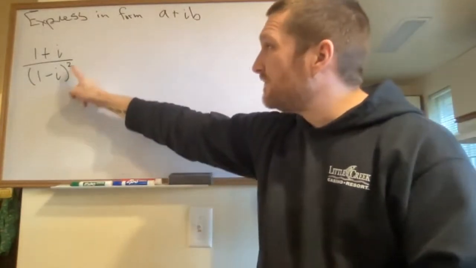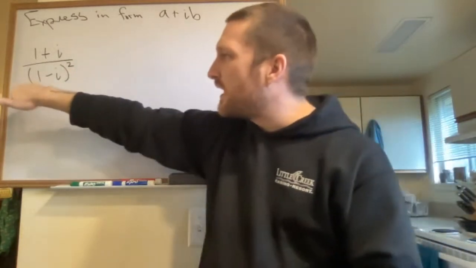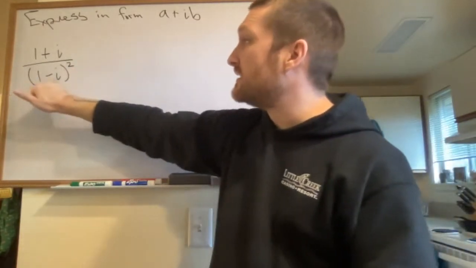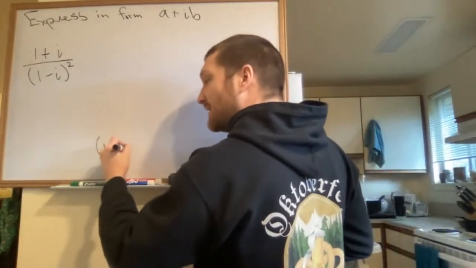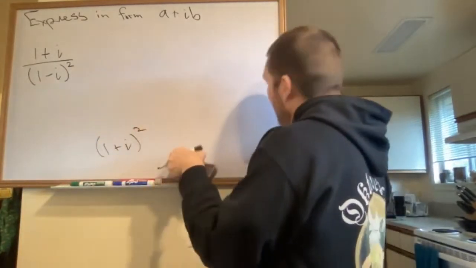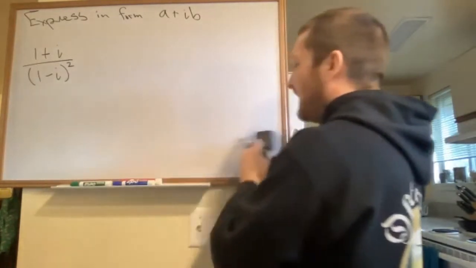Problem is this guy right here. It's hard to see what the conjugate of this is. It turns out to be equal to 1 plus i squared, but we don't want to go down that road. Trust me on this, we don't want to go down that road right now.